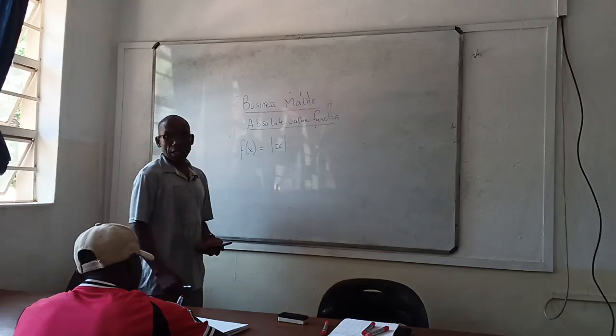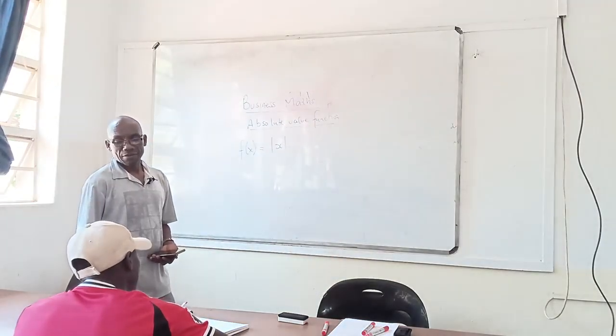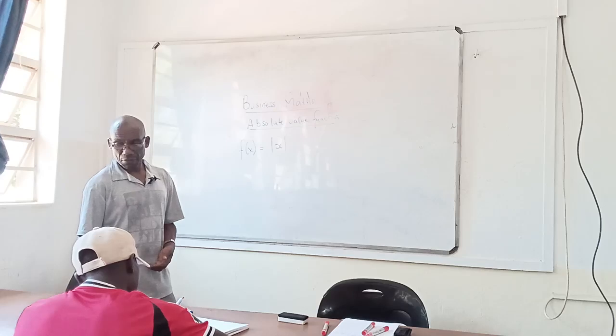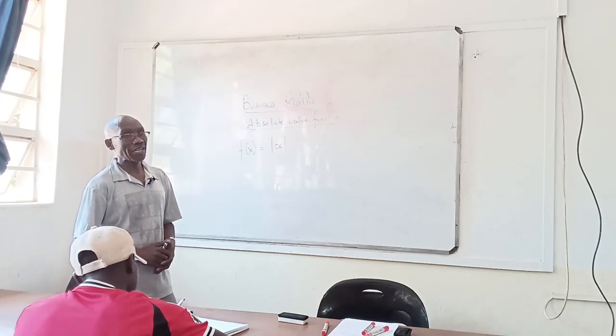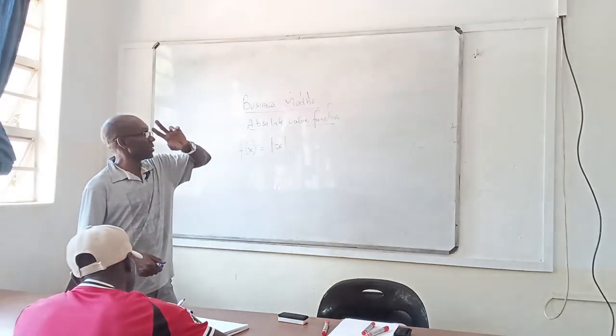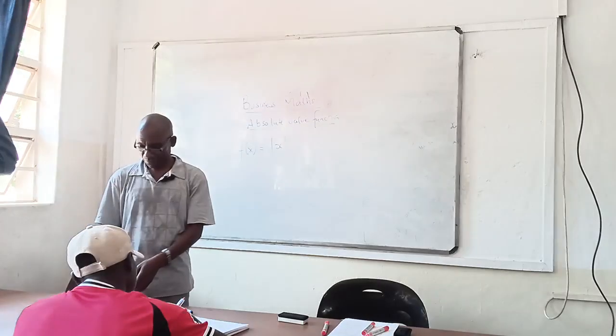An absolute has two values, a positive value and a negative value. That's why it is called an absolute. It has two values, positive and negative.